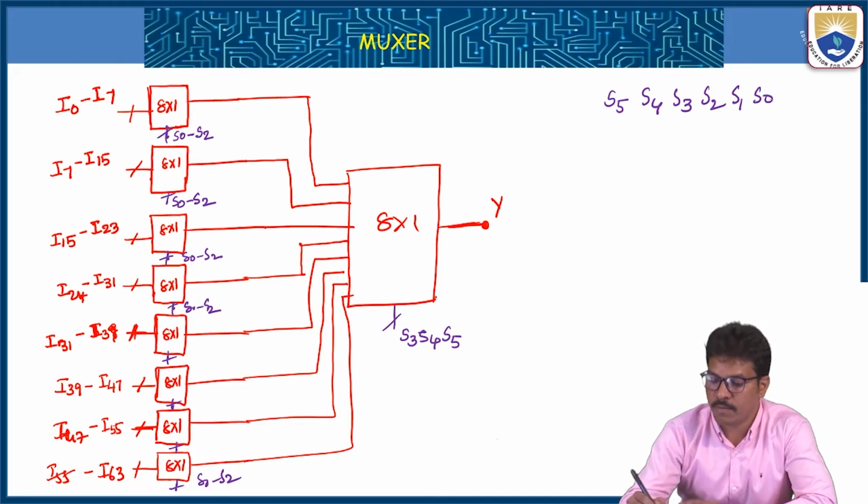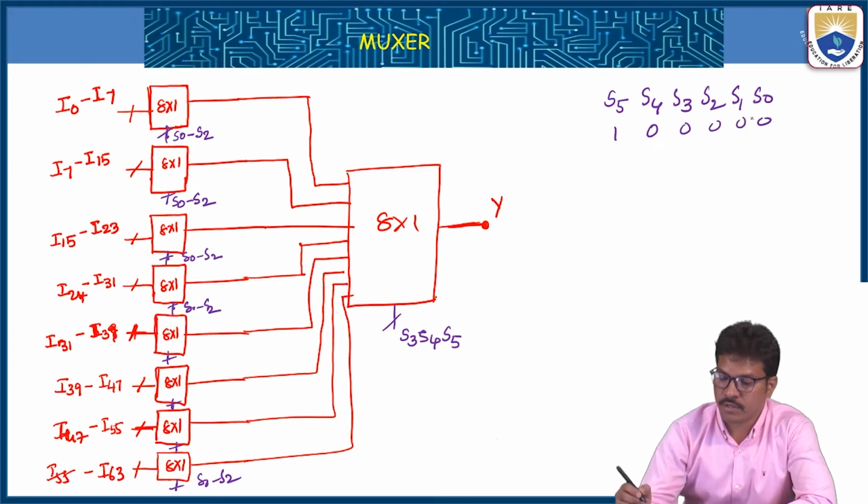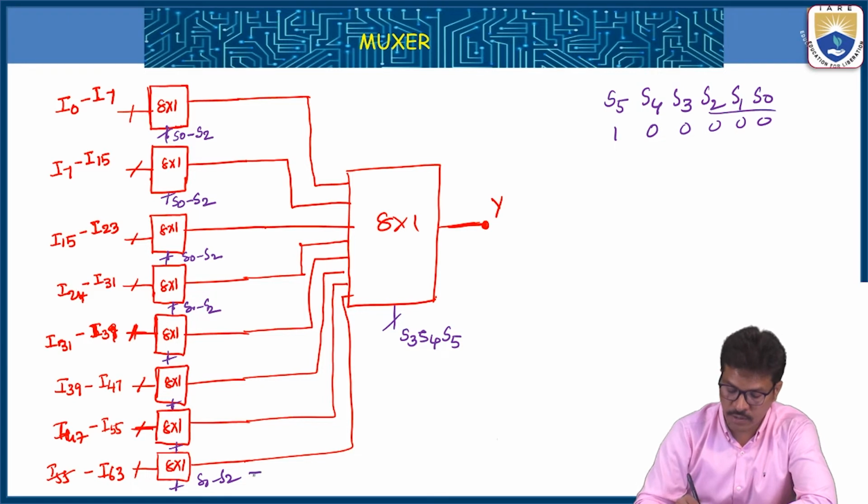So I am taking, for example, all zeros. The first three bits S0, S1, S2 are all equal to 0.